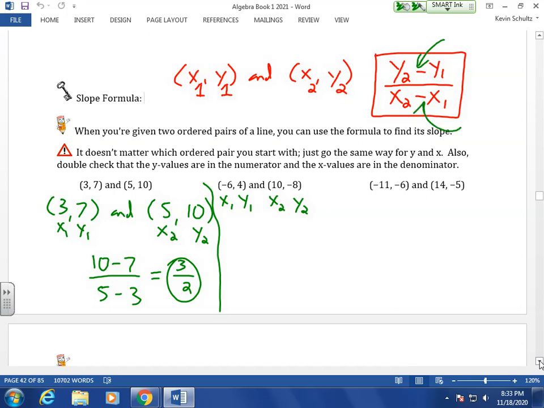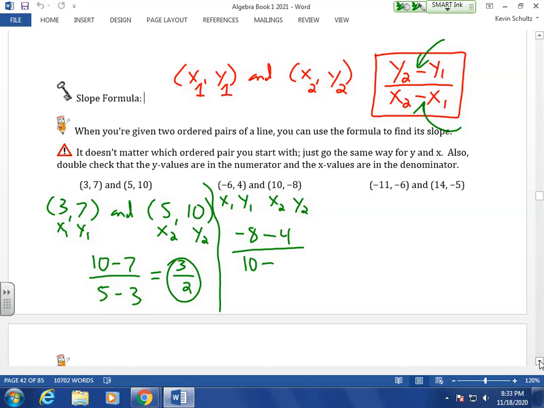So they have to be in the formula when you write it. The fact that our y2 is a negative 8, well, it's going to be negative 8 in the formula. And then we're subtracting y1, which is 4. So both the negative sign from the value, negative 8, and the subtraction sign from the formula have to be in there. And then x2 minus x1, x2 is 10.